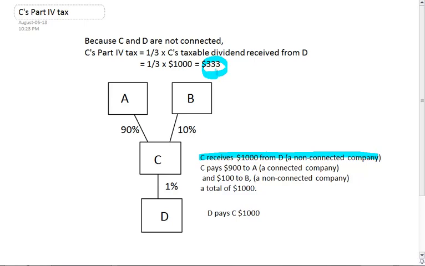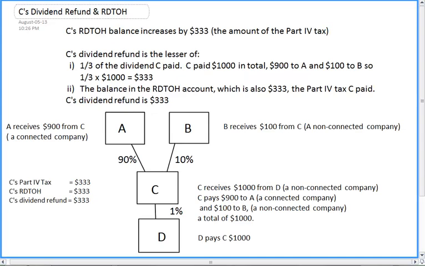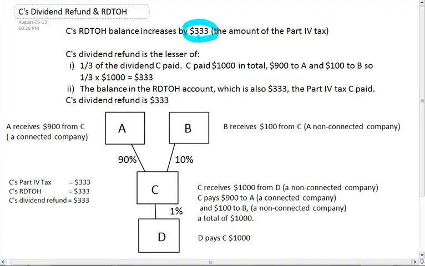That's C's Part 4 tax. C's RDTOH balance has $333 added to it, the amount equal to the Part 4 tax. C also will receive a dividend refund when C pays the taxable dividend to A and B.